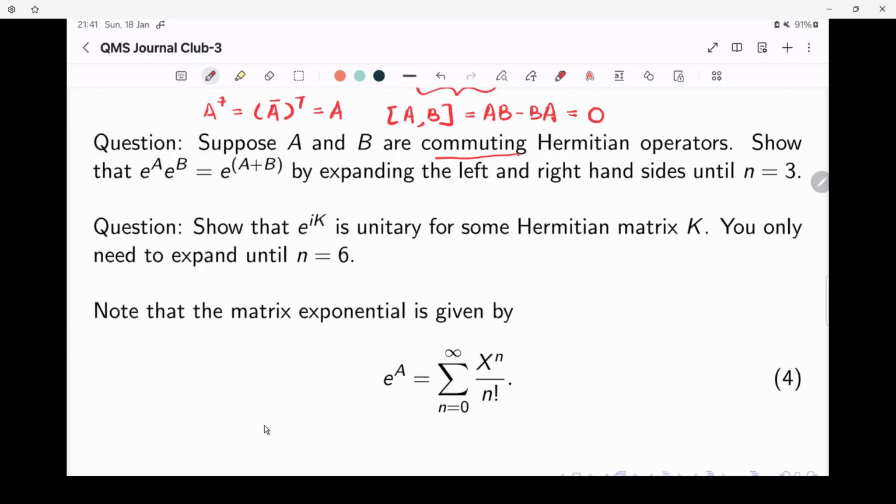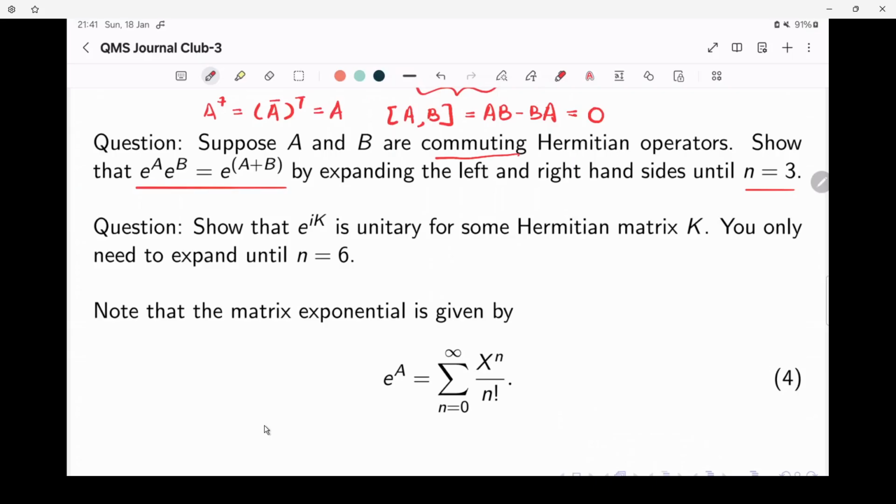So you need to use these two properties. They are commuting with each other, and they are also Hermitian operators. Show that e to the power of A multiplied with e to the power of B equals e to the power of A plus B. I already hint that you don't need to do a large n, just do until n equals 3.